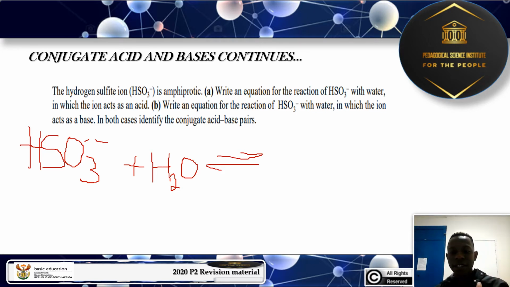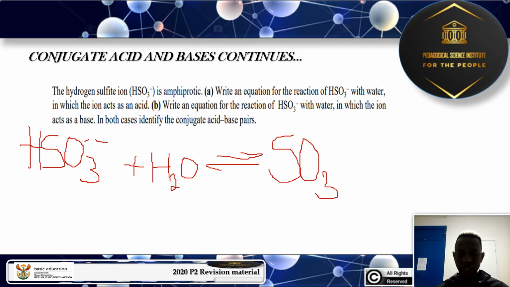Because they are saying the hydrogen sulfate ion is amphiprotic, write an equation for the reaction with water in which the ion acts as an acid. As it acts as an acid, you know that an acid does what? It donates. So we are going to have SO3²⁻, we won't have the minus here. Then plus, what will happen to the water?